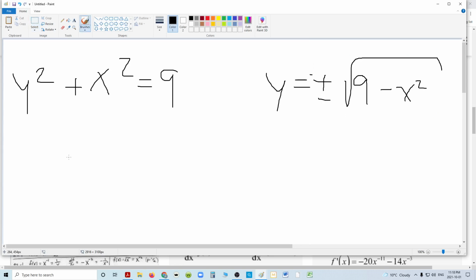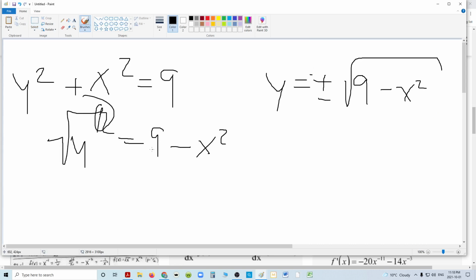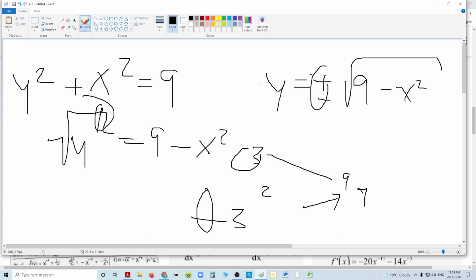If you don't see how I got that, y squared is equal to 9 minus x squared. To get rid of this, I have to take a square root on both sides. But when I take the square root on both sides, it creates this plus minus situation. That's simply because minus 3 squared can be equal to 9, and 3 squared can be equal to 9, and I have to account for it with this plus minus.